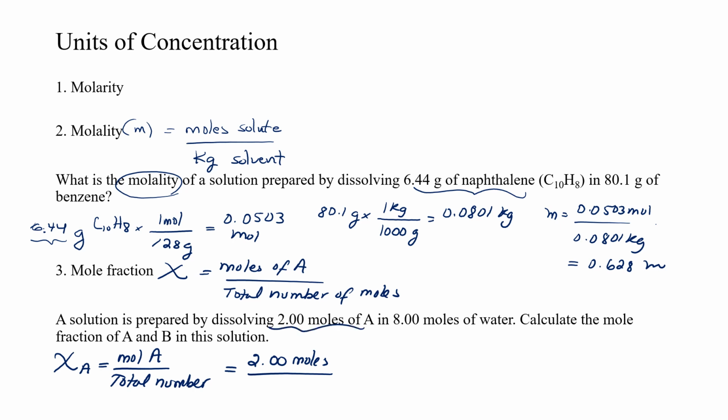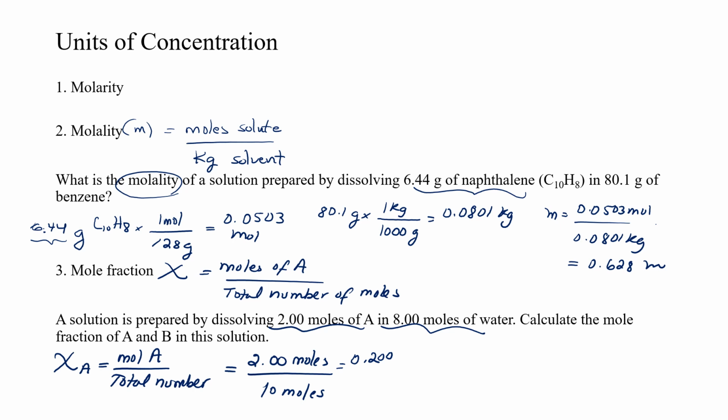So 2 moles of A and 8 moles of water, that's going to give you a total number that is 10. So you have the 2 moles divided by 10, that's going to be 0.2. And that's the mole fraction for A.